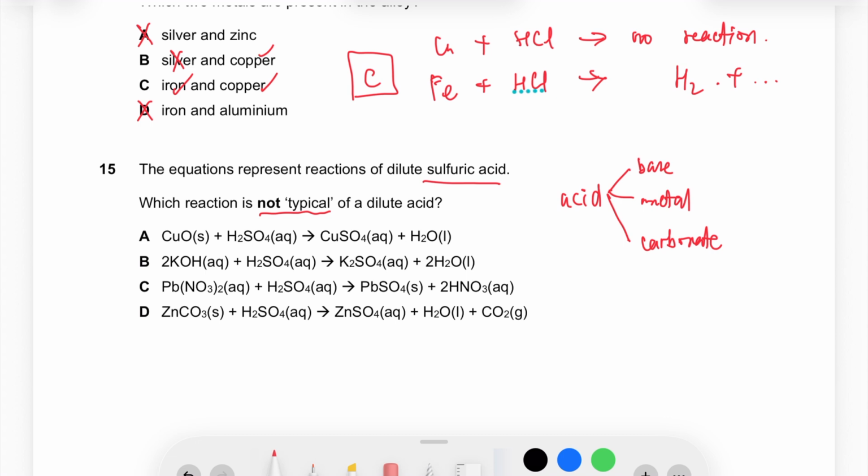Acid reacts with a base, so good. Acid reacts with an alkali, the hydroxide, so it's good. And acid reacts with carbonate, so it's good. So only this is the weird one. It does not react with any nitrates, so the answer is C. So this is under acid bases again.